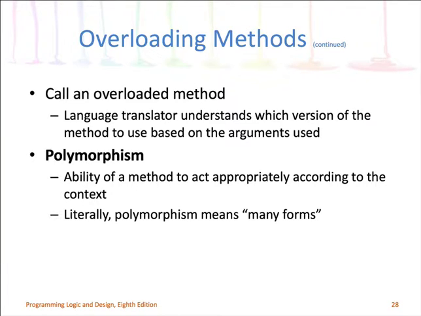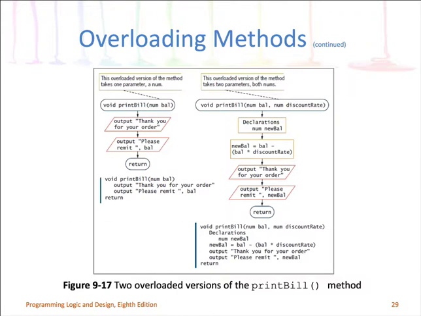That is, we can act appropriately based upon the context we were called in. So if we were called with 4 arguments of a certain type, then it's going to know which function to use based upon the argument list and the parameter list in the method's signature.